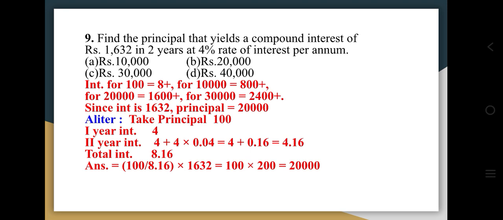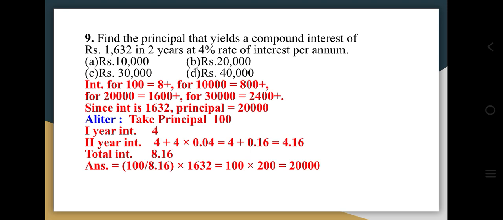So for 10,000 it is 800 plus. For 20,000 it is 1,600 plus. For 30,000 it is 3 times 800, that is 2,400 plus. But we are given that the compound interest is 1,632 in 2 years.